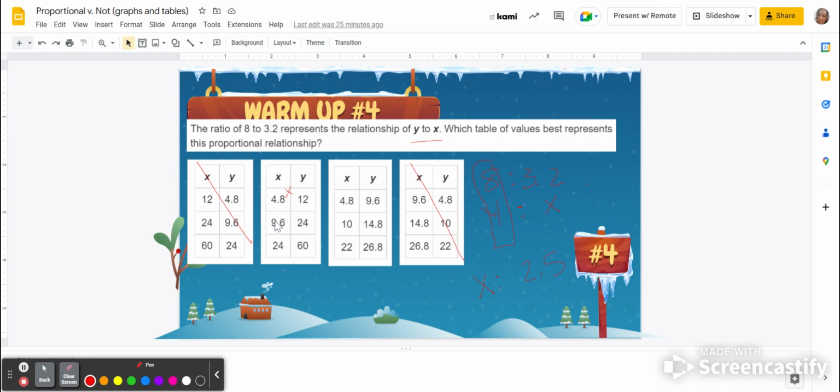So that means 4.8 times 2.5 should give me 12, and it does. 9.6 times 2.5 should give me 24, and it does. 24 times 2.5 should give me 60. And it does. So my answer is this one.